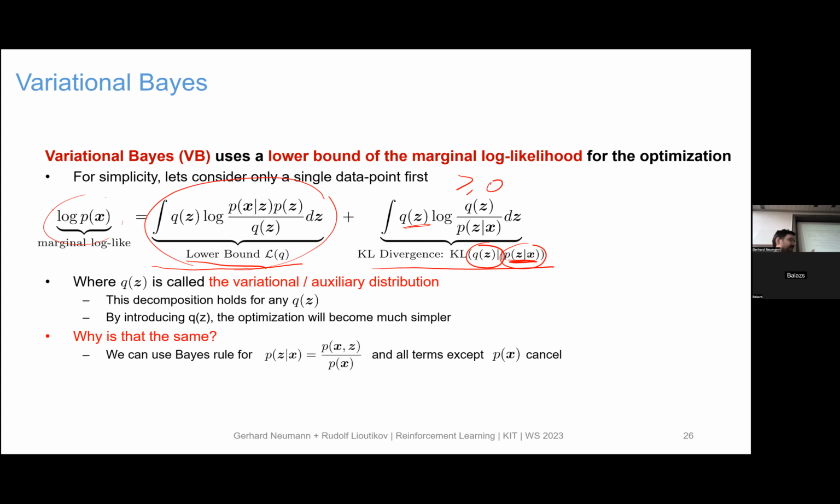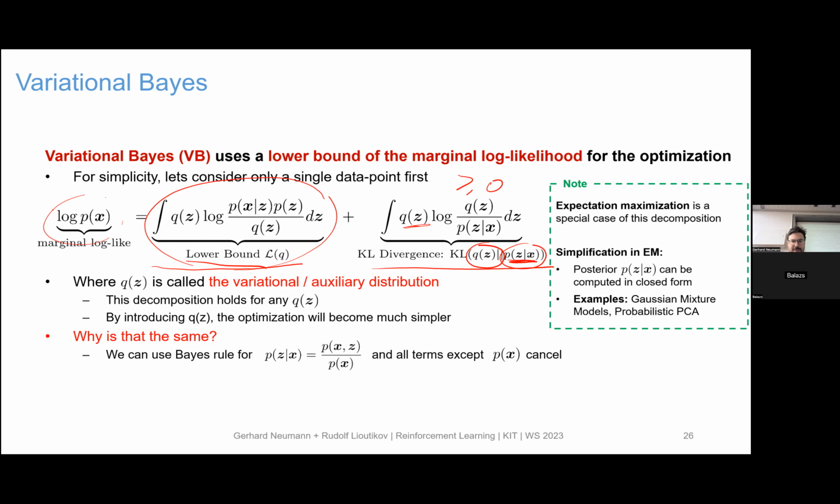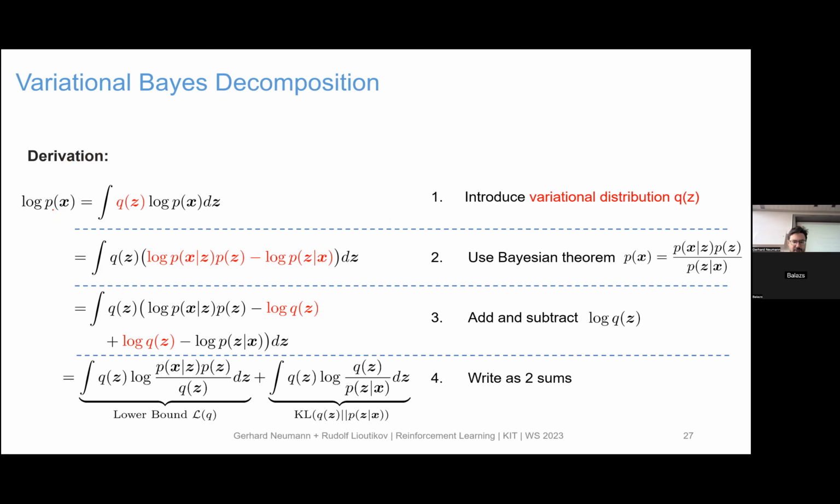Okay, so we introduced now a new distribution q of z. You might ask now why, but we'll see that this distribution q of z makes the optimization easier. And why is it the same thing? That should come on the next slide.